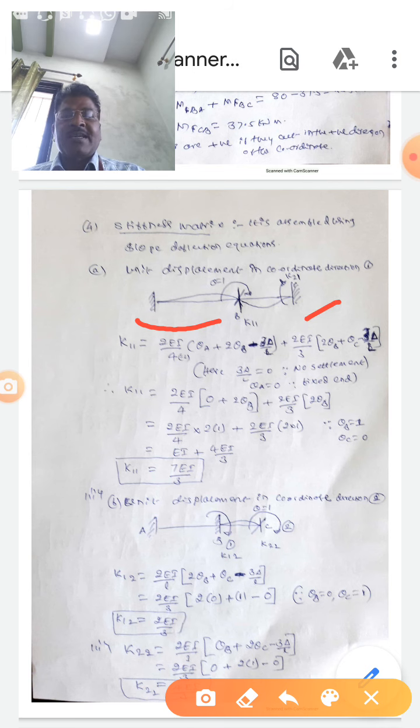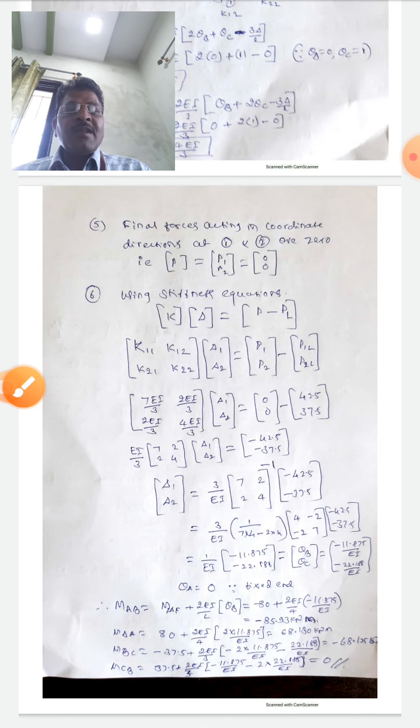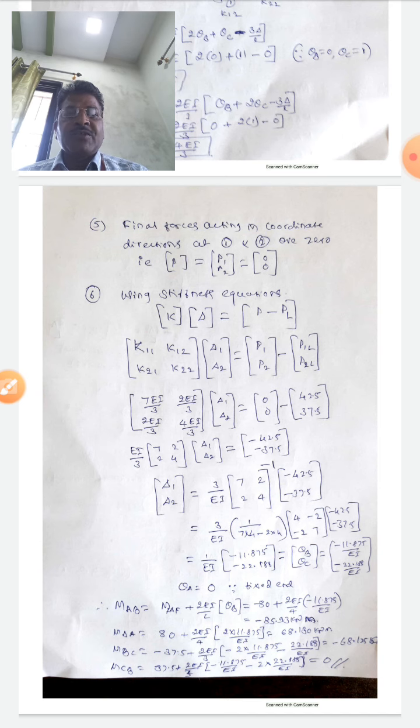Now we come to the fifth step, final forces acting in the coordinates. The final forces acting in the coordinate directions 1 and 2 are 0, that is the P matrix, P1 and P2, is equal to 0, 0. Now we come to the final stiffness matrix equation, that is K matrix into delta matrix is equal to P matrix minus PL matrix.